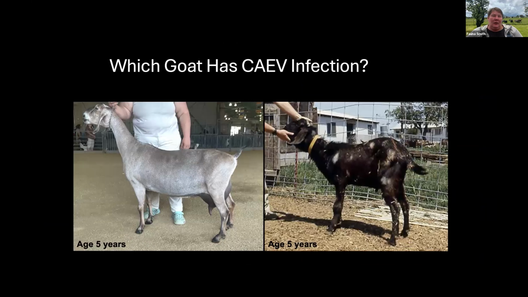And so I have this as a really good example. So which goat has CAE virus, right? This animal has CAE, the disease.